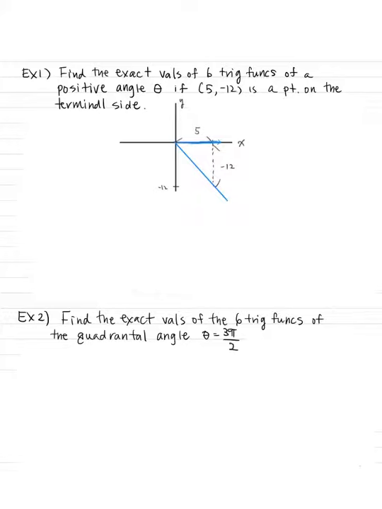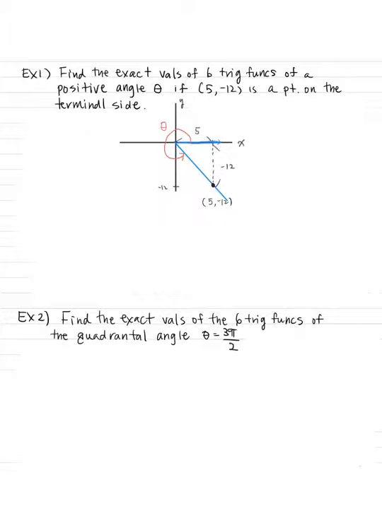All right, but anyway, so this point right here is 5, negative 12. And our theta that we're talking about is this ginormous angle from initial side to the terminal side. So what we want is to find the exact value of the 6 trig functions of that angle theta.